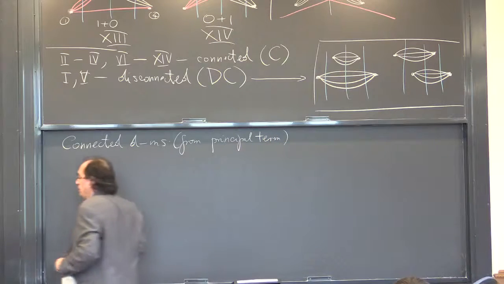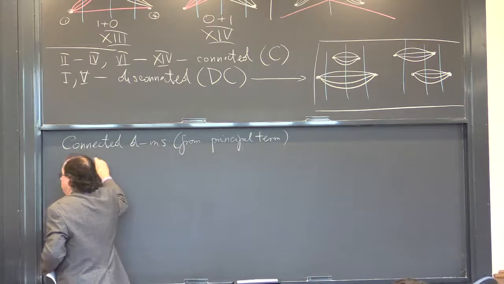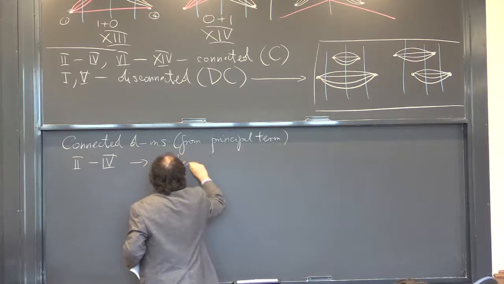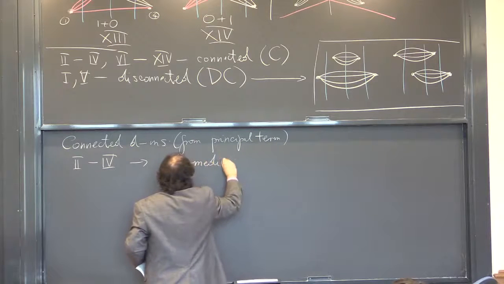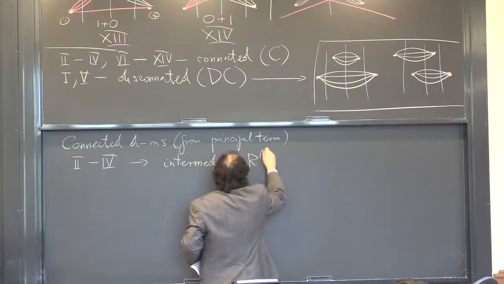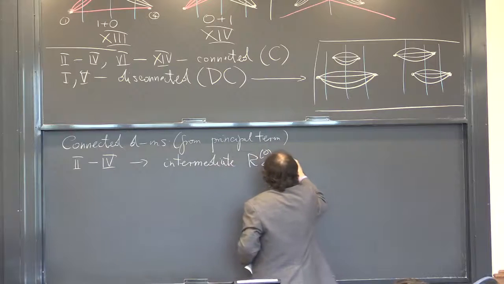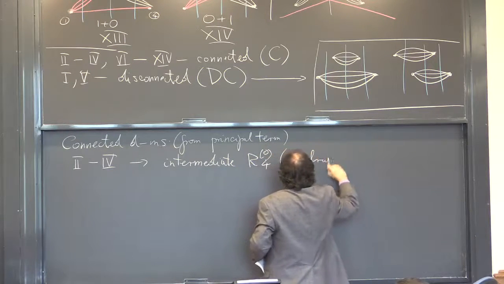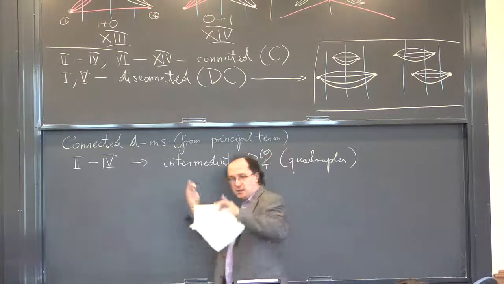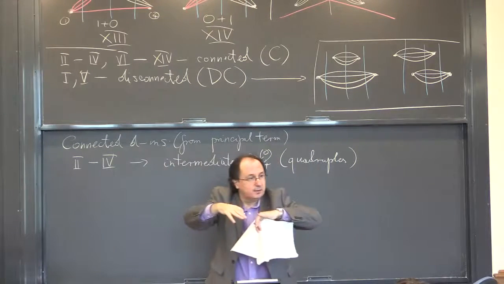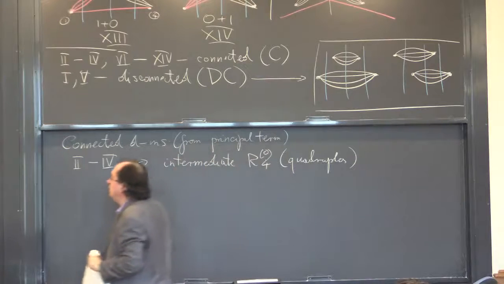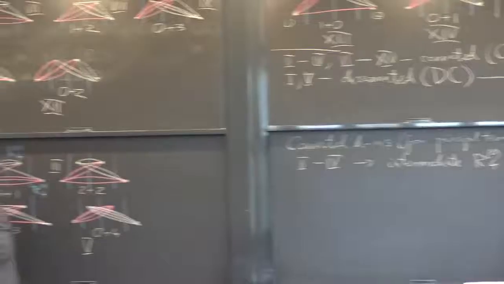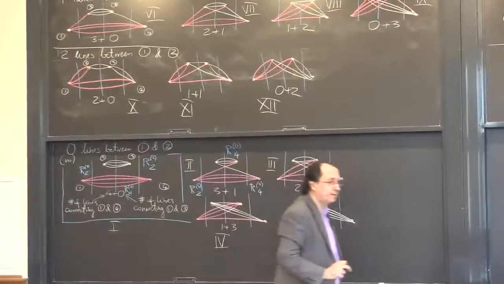Diagrams 2 through 4 have the intermediate 4-body resolvent, which of course means quadruples, because you remember the 4-body resolvent has quadruplets and determinants in it. These diagrams, the connected ones, and of course the disconnected one too, but as I said, I will talk about it separately. We'll see if it survives.